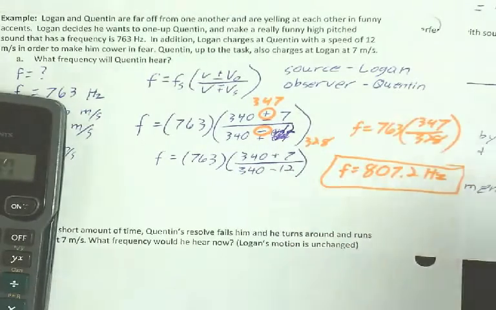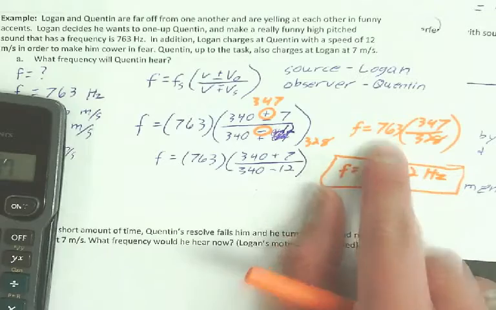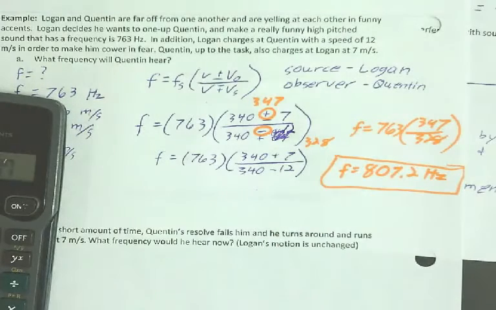That means the frequency that Quentin hears isn't 763. He hears 807.2.